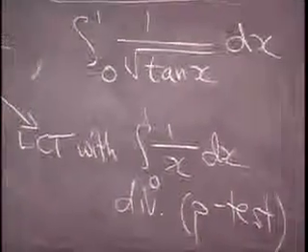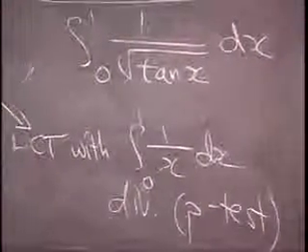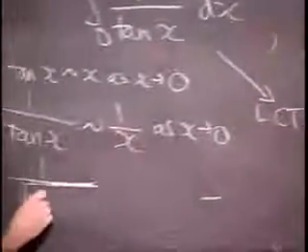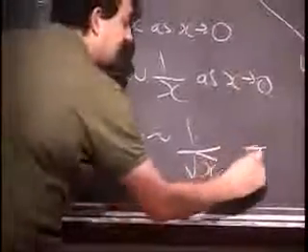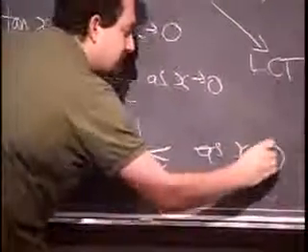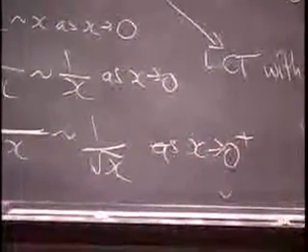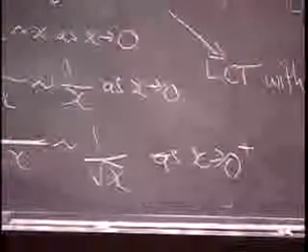How about the other integral? Well, if we take square roots, we can see 1 over root tan x behaves now like 1 over root x as x goes to 0. And now, if we're going to be proper about it, we'll put a 0 plus. Again, you cannot take the square root of a negative number.